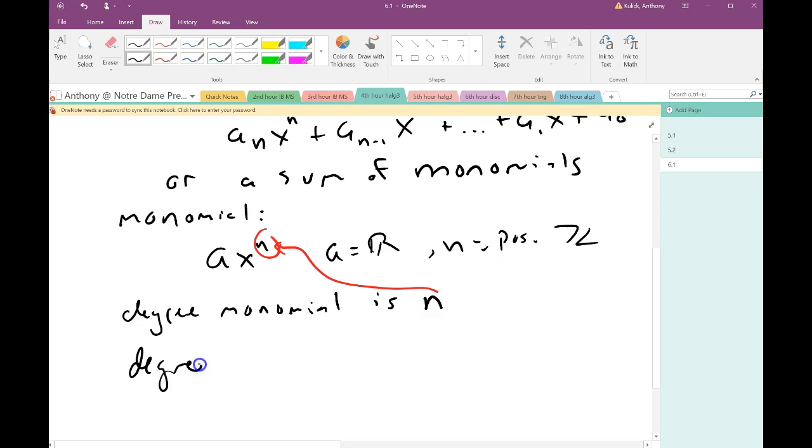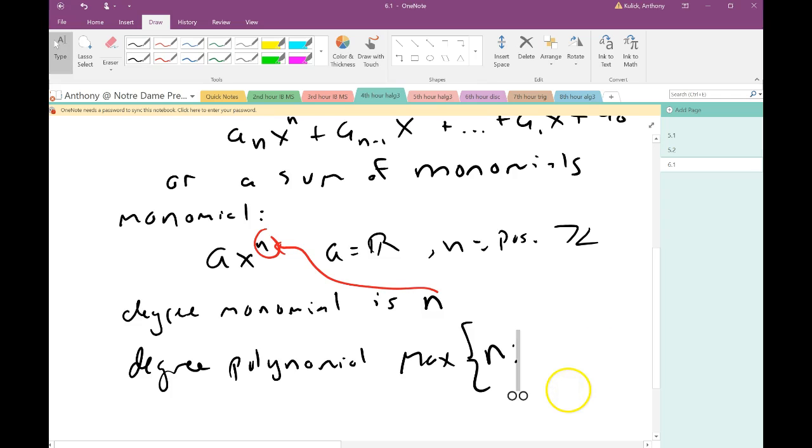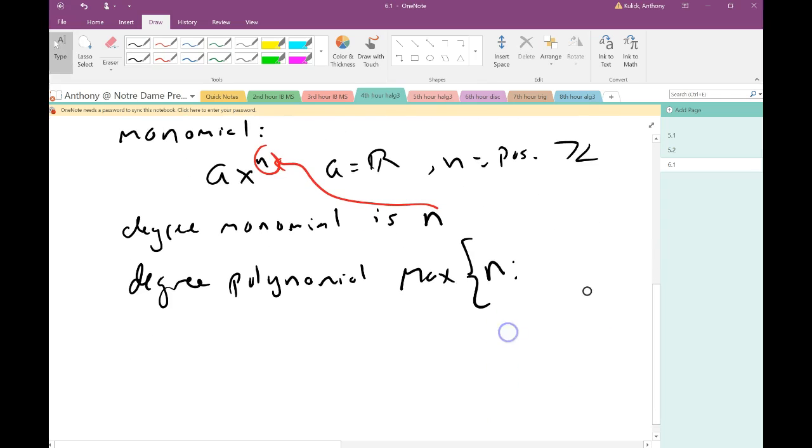And we say the degree of a polynomial is the largest degree of the monomial terms.